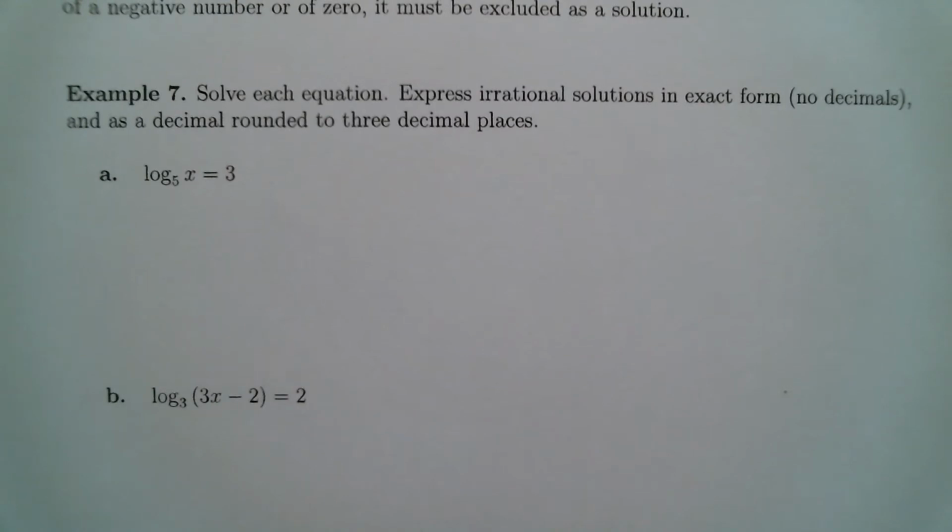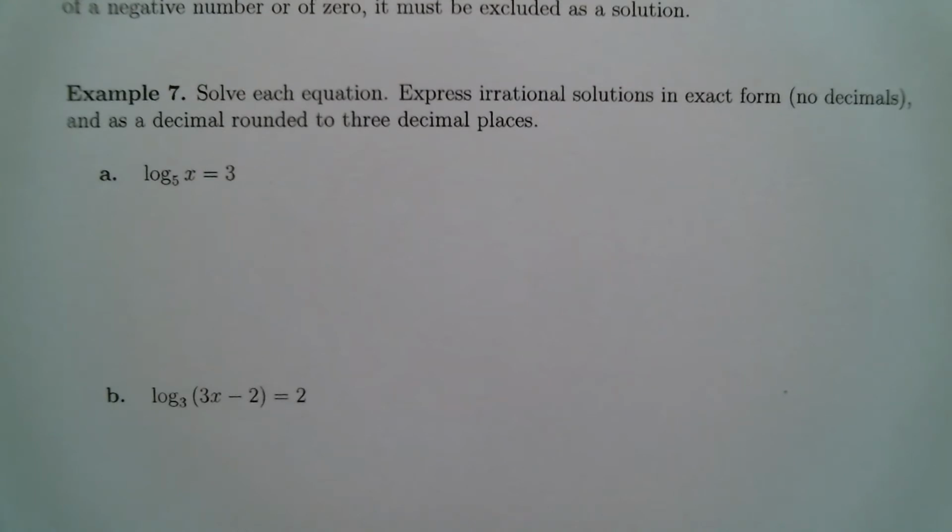Your answer might involve a natural log, it might involve a square root, something where if you put it in the calculator, you're going to get an ugly decimal. When that happens, you're going to have to give both an exact answer, meaning no decimal, and also give the decimal form rounded to 3 places after the decimal point. You'll see what I mean as we do these.